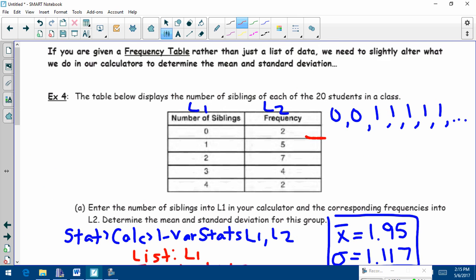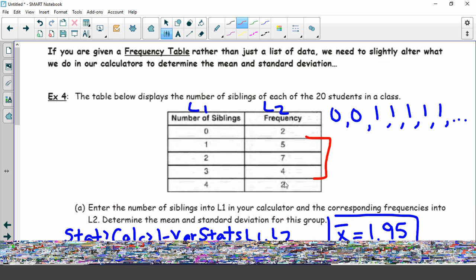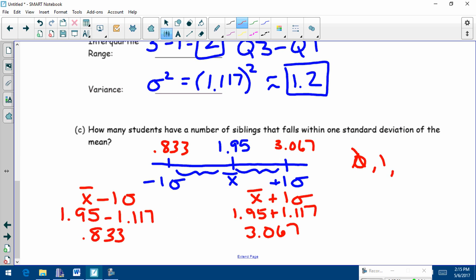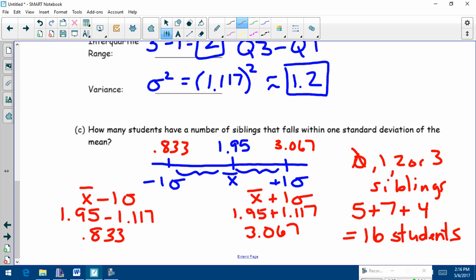Well, 0 isn't within that range, but 3 is. So all of these people are within one standard deviation, which again is most of the data. How many people is that? I would take 5 plus 7 plus 4. So this means 1, 2, or 3 siblings, not 0. There's 5 people with 1 sibling, plus 7 people with 2, plus 4 with 3. So there are 16 students within one standard deviation.